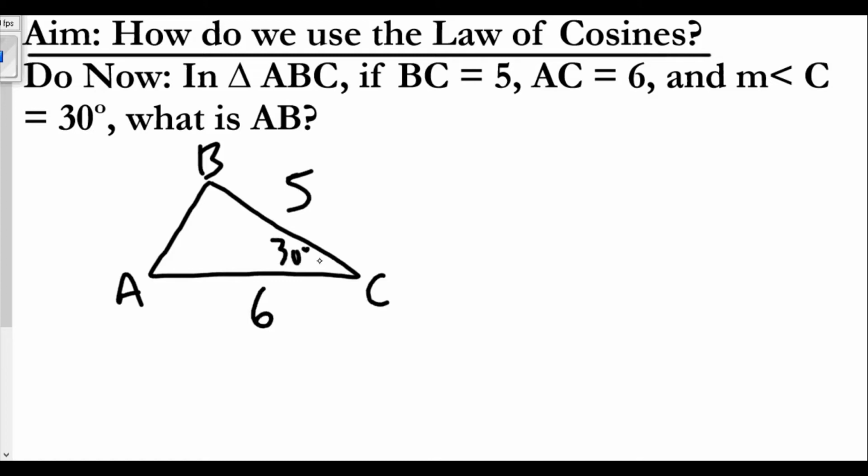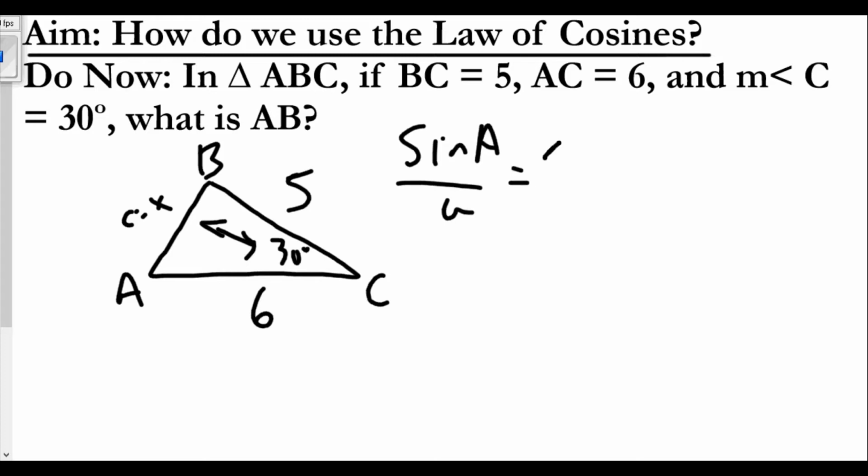And so our technique in trying to find the measure of AB, this side here, we would normally use law of sines. So let's set this up, shall we? In this case, we'll call this little c, because it's opposite angle C. The sine of A over a equals the sine of C over c.